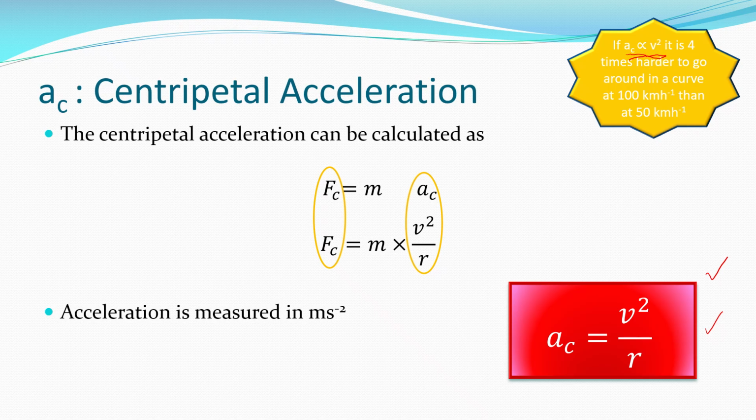That's what the yellow star says: it's 4 times harder to go around a curve at 100 kilometers an hour than 50 kilometers an hour. If my velocity has doubled, then my acceleration is going to be 4 times bigger. That's what I mean by acceleration is proportional to v squared. If one of them doubles, the other is 4 times bigger because it is a squared relationship.